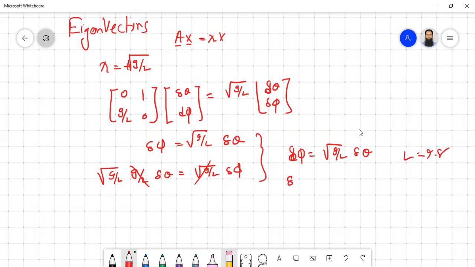This is just an assumption, that del phi is approximately del theta. So our eigenvector can be assumed as all equal magnitude. So say 1, 1. Okay, so this is one of the eigenvectors. So 2, 2, 3, 3, 4, 4, equal magnitude, whatever it is, can be an eigenvector.